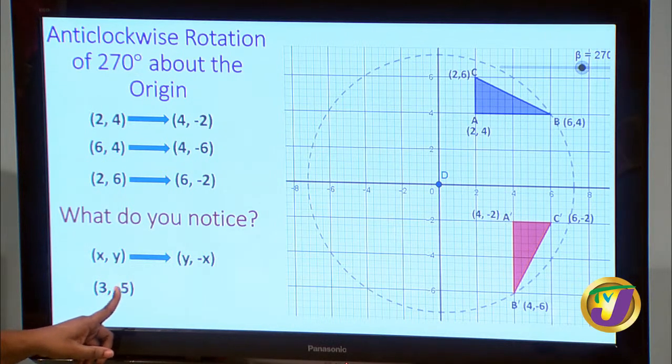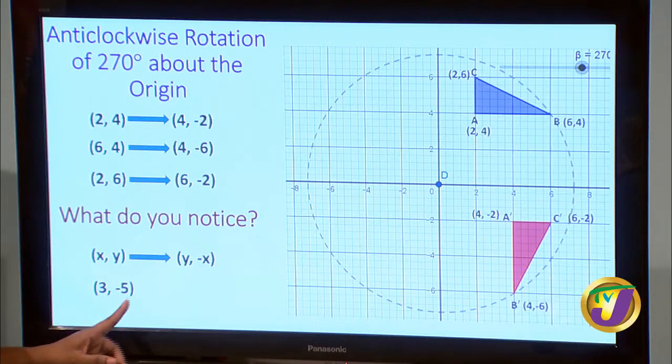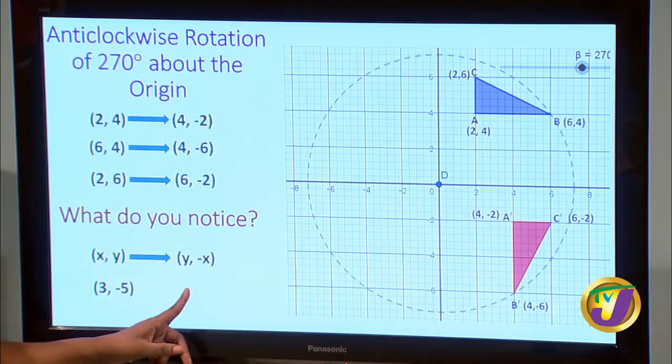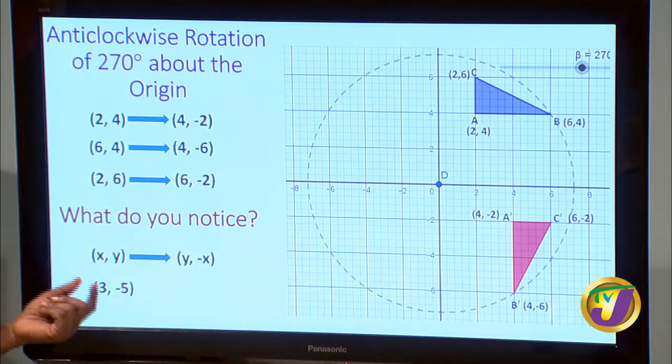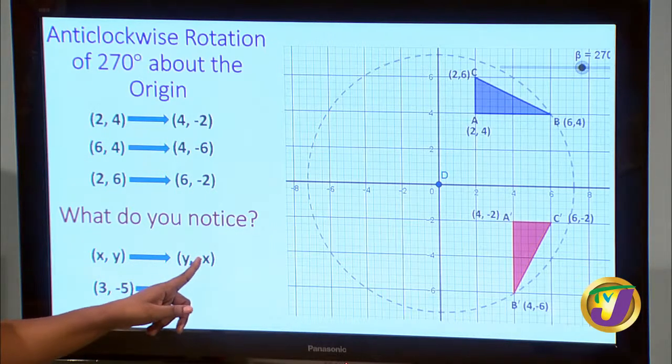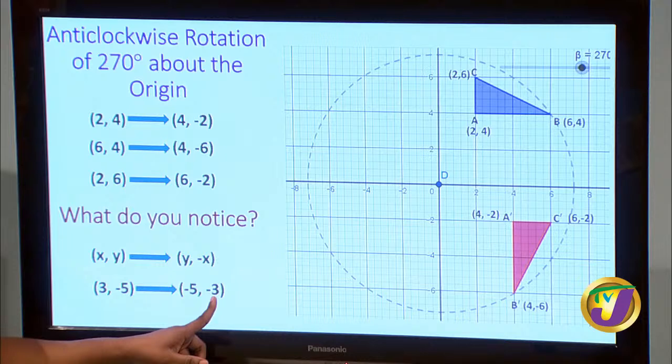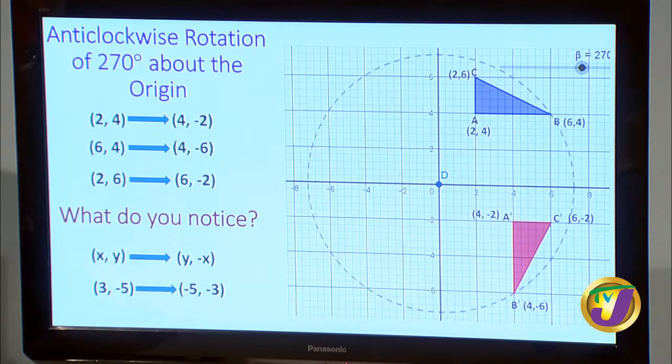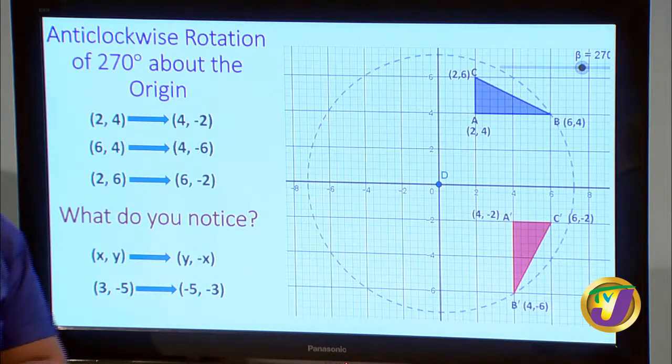The negative 5, which was the original y value, is now going to be in the x position, so the coordinate will be -5. In the y place, we had a positive 3, and it's the negative of that that should be there. So I'm expecting (-5, -3).